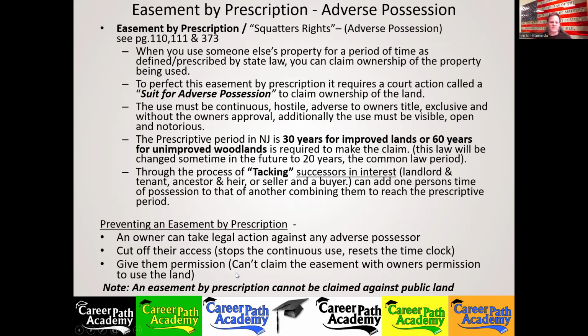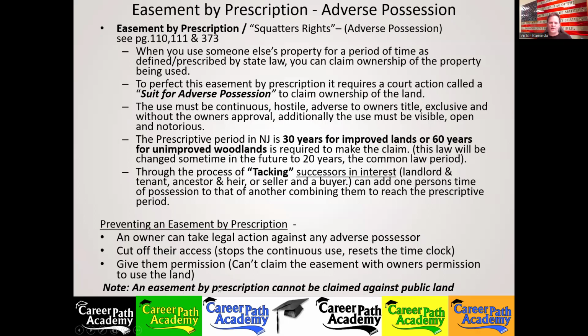You send them a certified letter through your attorneys or whatever, giving them permission until the end of the week or the end of the month. You're resetting the time clock, so now they can't, if they didn't start a lawsuit for easement by prescription yet, for adverse possession, then they're not gonna be able to, because you gave them permission already before they ever established a claim. And then you could start taking legal action to get them removed.